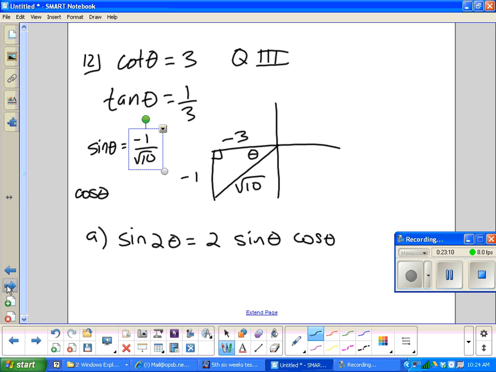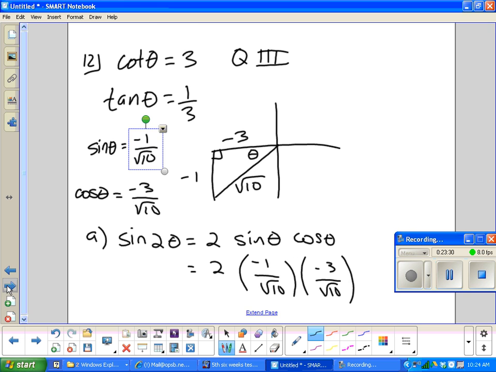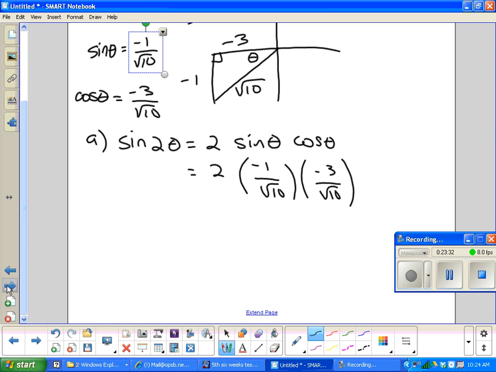Now cosine is going to be -3 over square root of 10. Let's plug them in. 2 times sine of theta, -1 over square root of 10, times cosine theta, -3 over square root of 10. Do you see why I said not to worry about rationalizing?